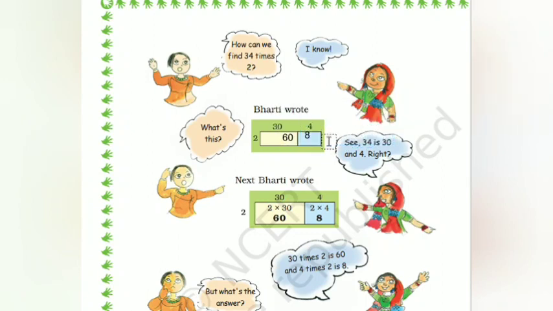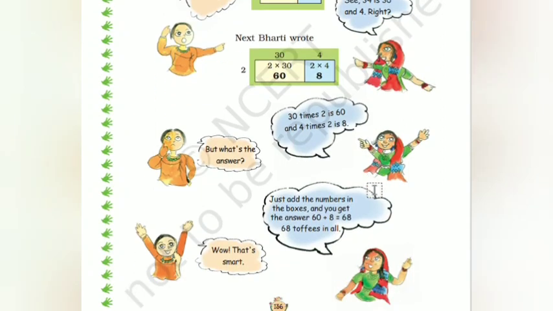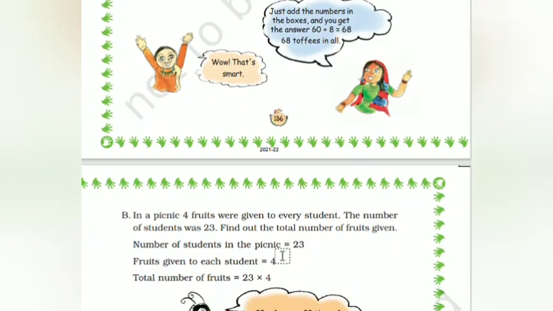See here, written downwards. 30 times 2 is 60 and 4 times 2 is 8. Just add the numbers in the box and you will get the answer. 60 plus 8 is equal to 68. 68 toffees in all.